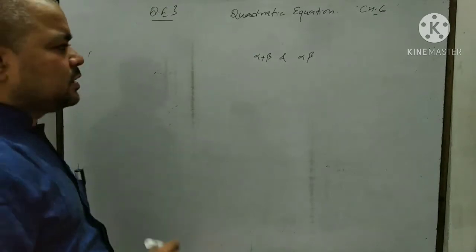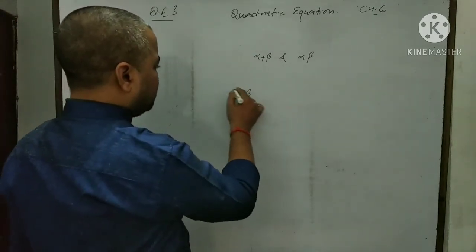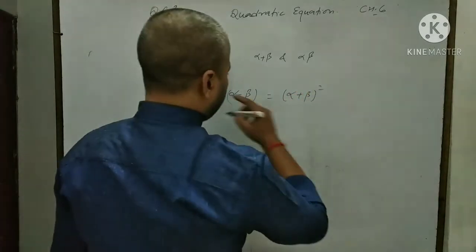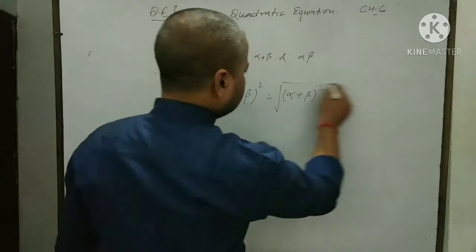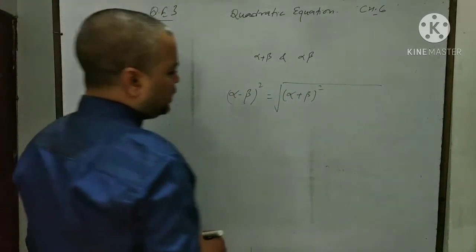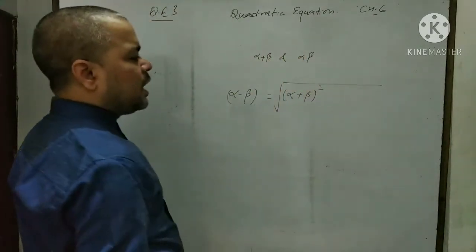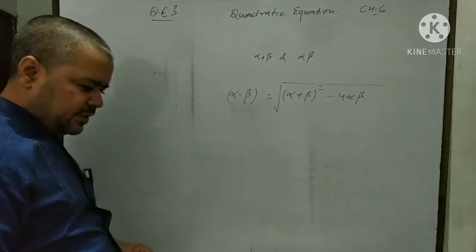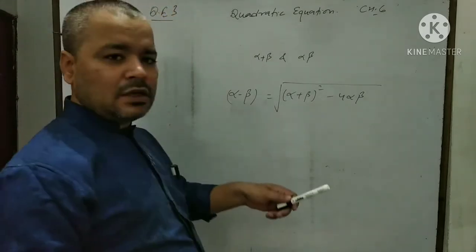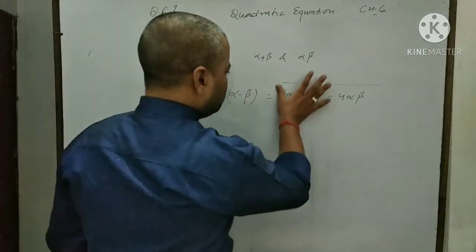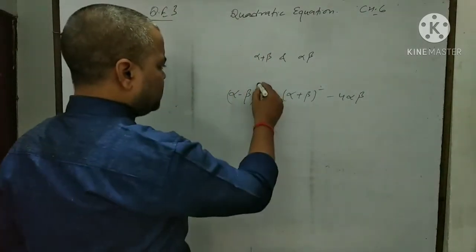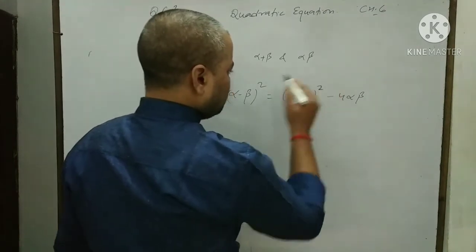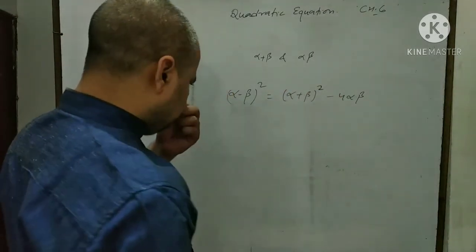Using this, we can find alpha minus beta also, using this formula: square root of alpha plus beta whole square minus 4 alpha beta. Can we get? Okay. If we want to remove this square root, then squaring on both sides, we can write like this: alpha plus beta whole square minus 4 alpha beta.